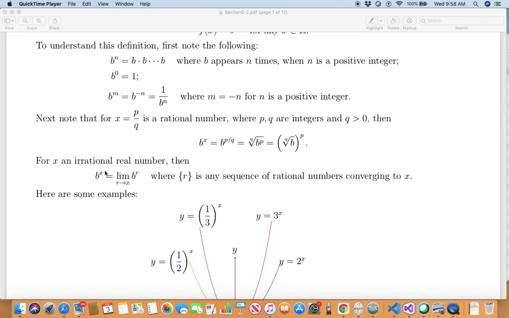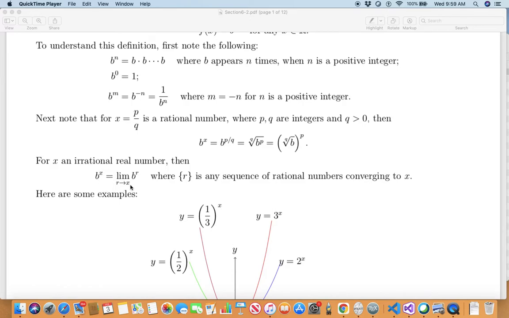So b to the power x is then defined to be the limit as r approaches x. Take that sequence, and for each rational r, find b to the power r. As the rationals converge to x, find the limit of b to the power r. Where it converges, that is what is defined as b to the power x.